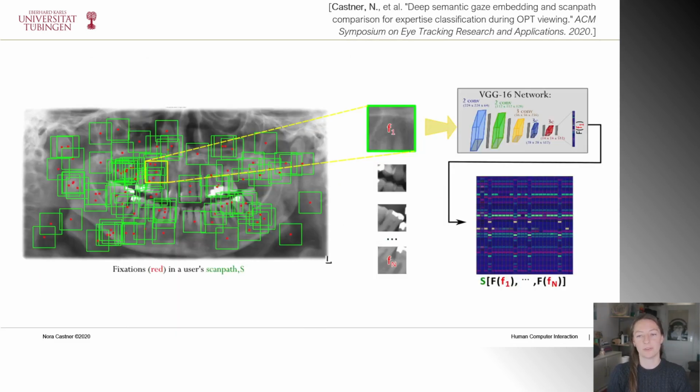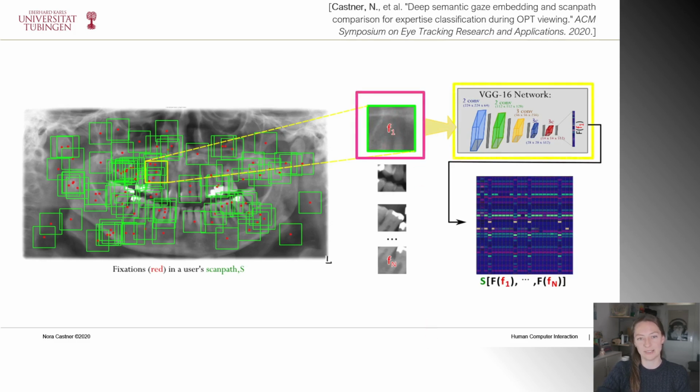So our approach, DeepScan, takes image patch information at the fixation level. As you can see here, these are the fixations of a subject. We extract a 100 pixel by 100 pixel patch of the image around the center of the fixation.